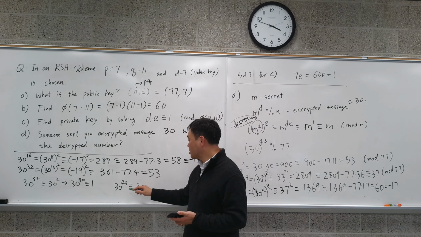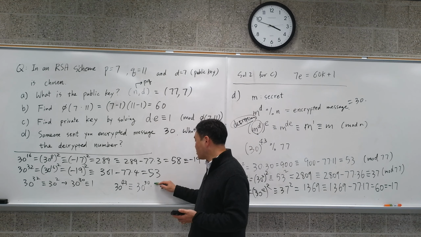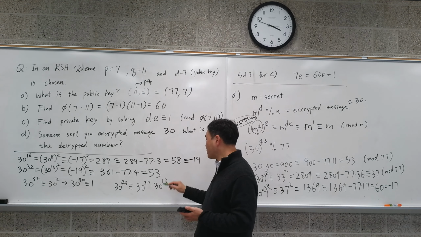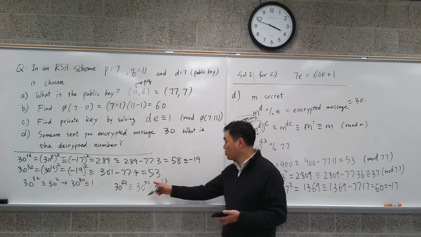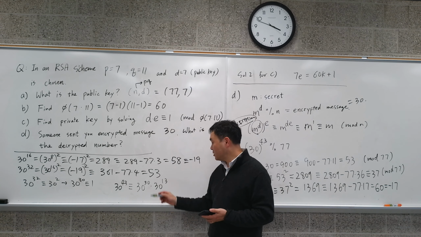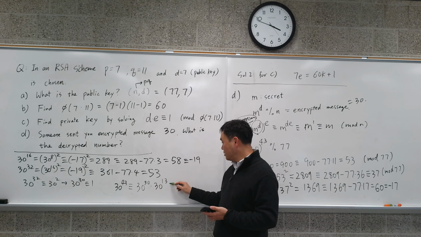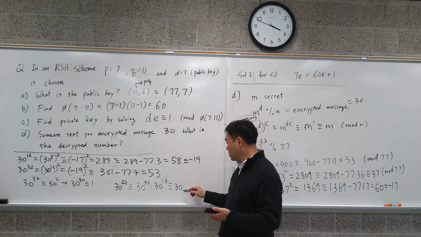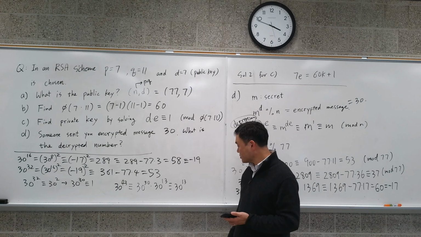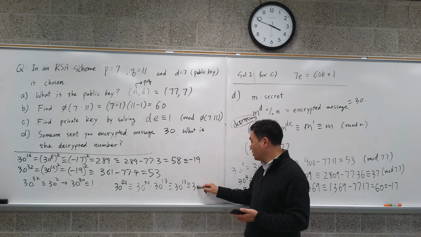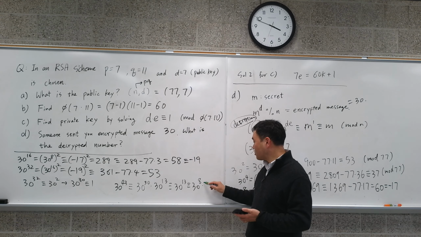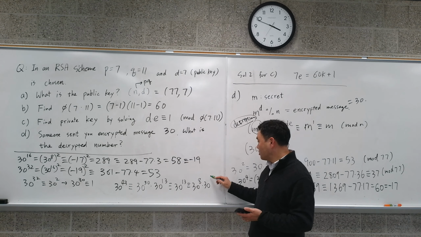Okay, that's nice. So 30 to the 43 power is congruent to 30 times 30 to the 13th power, right? 30 plus 13 is 43. And because this is 1, you just have to do 30 to the 13th power. But 30 to the 13th power is 30 to the 8th power times 30 to the 4th power times 30.